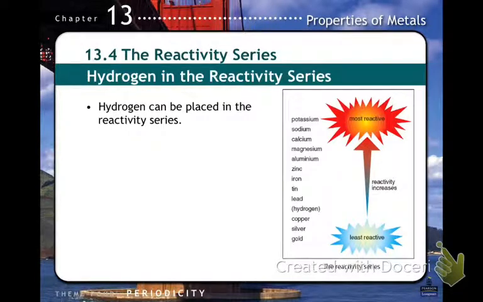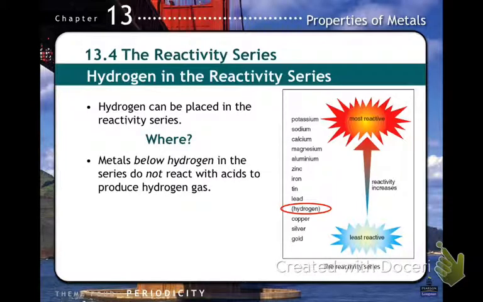Also, if you look at the reactivity series, you can see that hydrogen is placed in it. This is quite ironic because hydrogen is not a metal per se, so why is it placed here? Because it is the only non-metal that has a metallic property. If you can recall, hydrogen can form a positive ion, which is similar to some of the group 1 metals, and it's quite reactive.